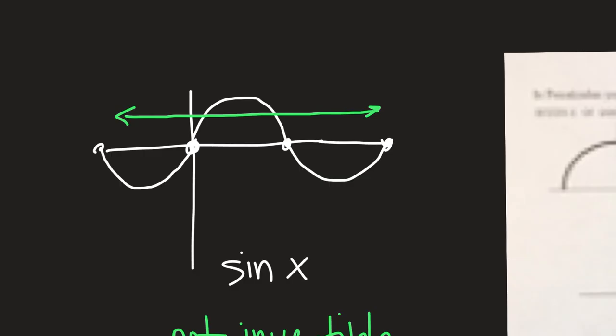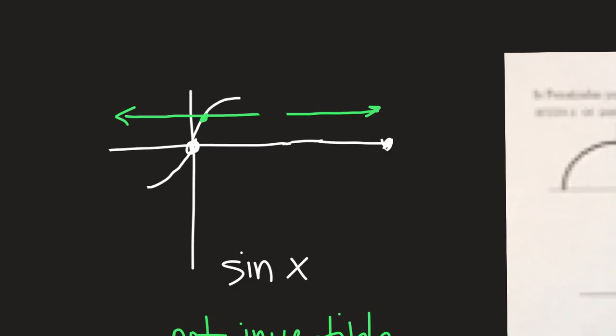But if we do that for sine, notice how it fails the horizontal line test, which means its inverse would not be a function. But there's a way that mathematicians have around that, and that's to take out our eraser and erase a lot of this graph until it is invertible. So I'm going to erase everything except for this tiny little domain.